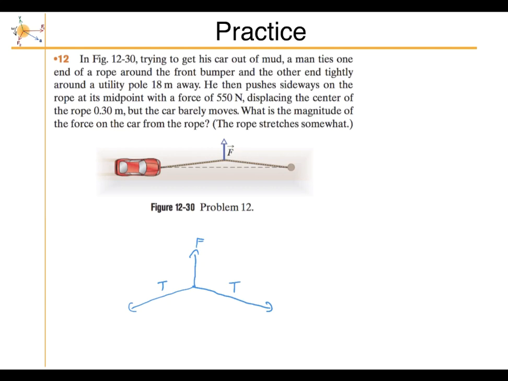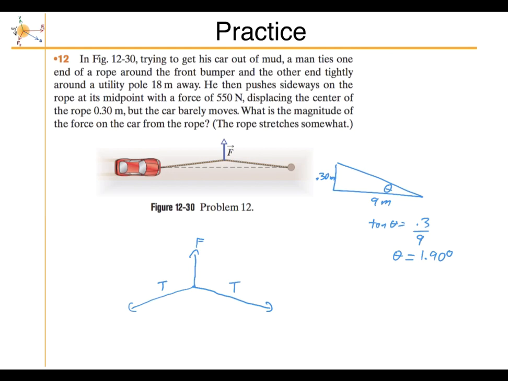So we can find the angle that we need first. He pushed it up 30 centimeters, so this is 0.30 meters, and half of 18 meters is 9 meters. So tan theta will be 0.3 over 9. That gives us a theta of approximately 1.90 degrees if we solve that for theta.